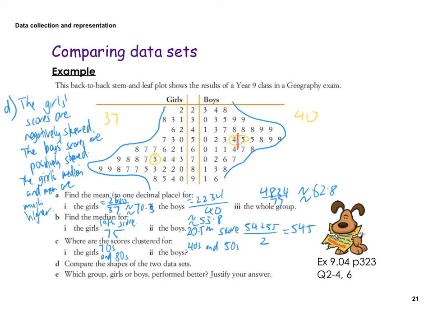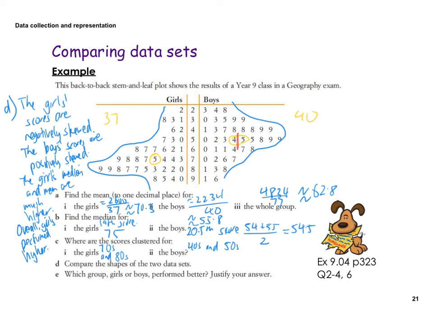So we can say overall, the girls performed probably generally at a higher level. So overall, girls performed higher. Just fit in there. Okay, cool. So the girls' scores are negatively skewed, the boys' scores are positively skewed, the girls' median and mean are much higher. Overall, girls performed higher.